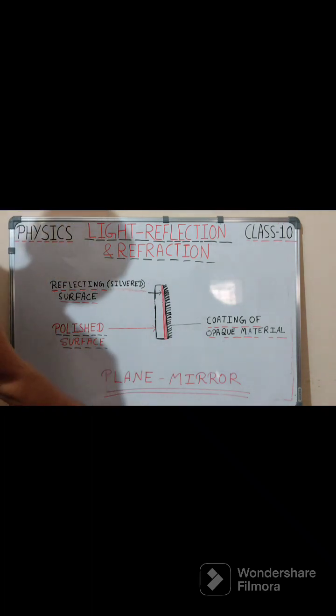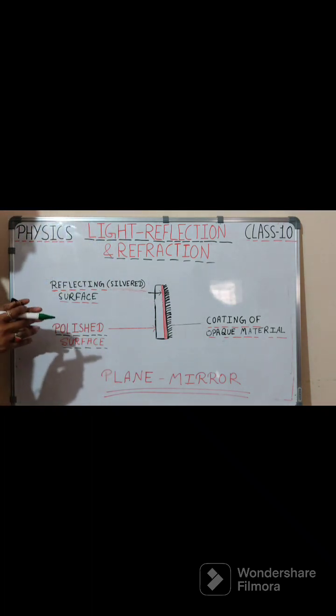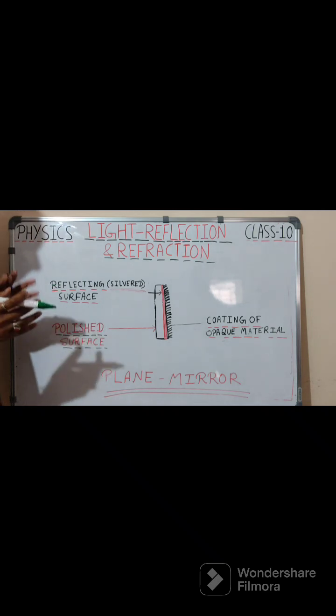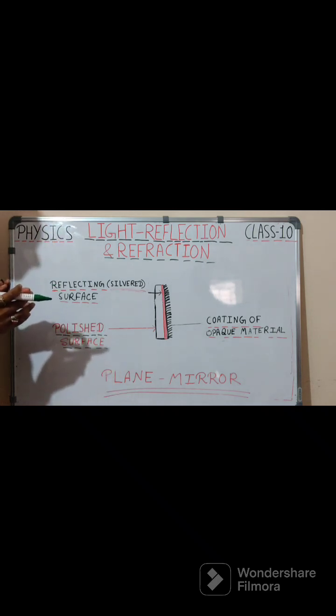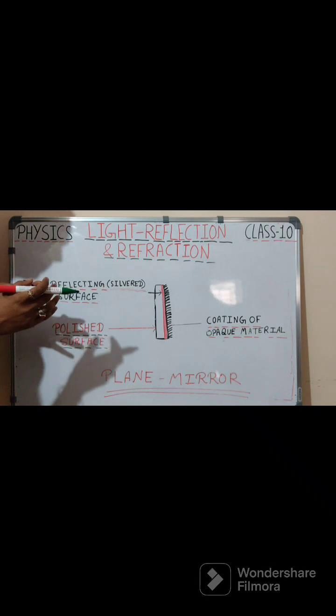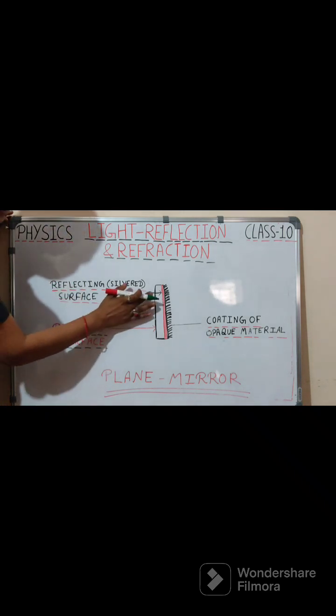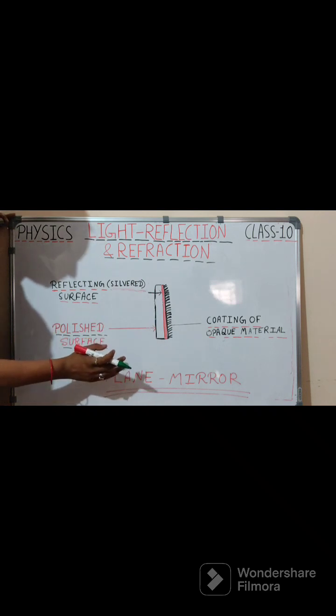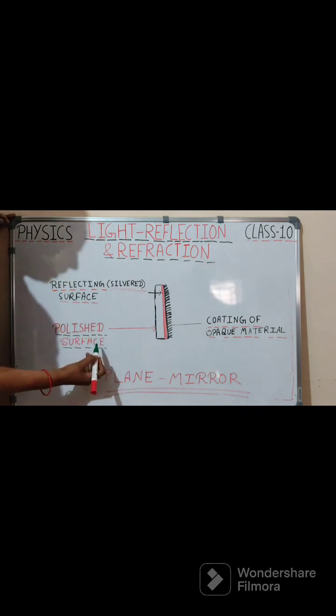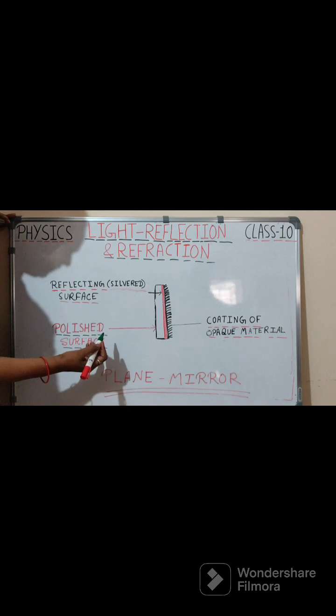Now let's see how the plane mirror reflects the light, how the plane mirror makes an image of an object. So this is the front surface of the mirror, which is polished to a high degree of smoothness.